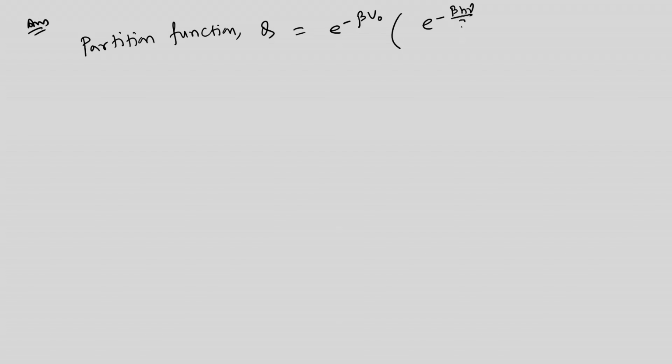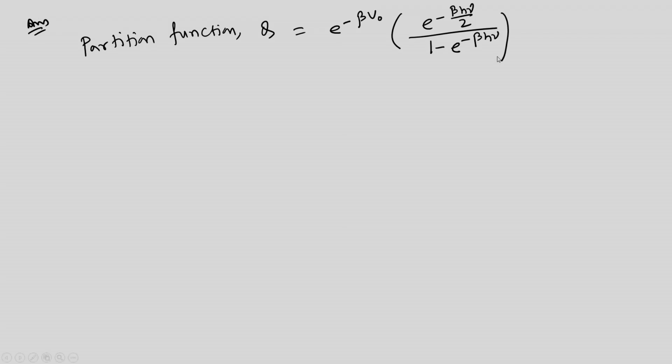So, the partition function q is e to the minus beta u naught e to the minus beta h nu by 2 by 1 minus e to the minus beta h nu.